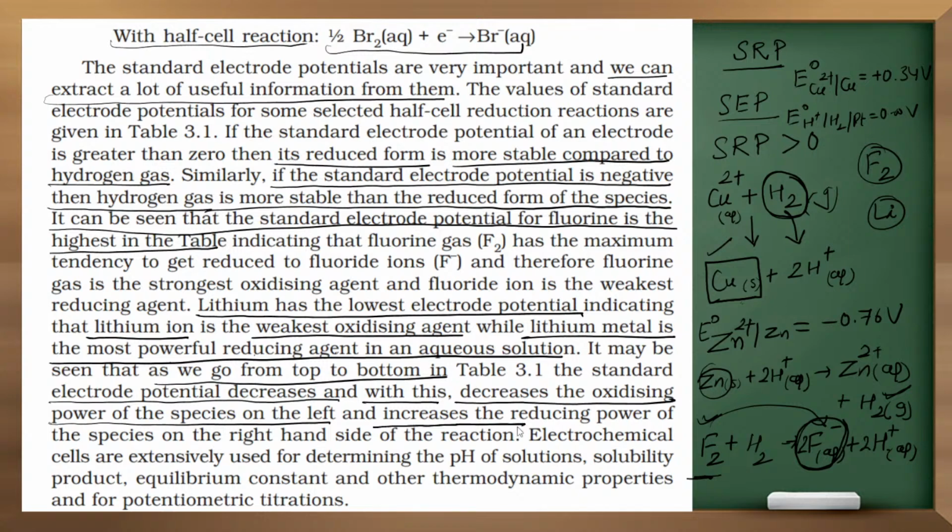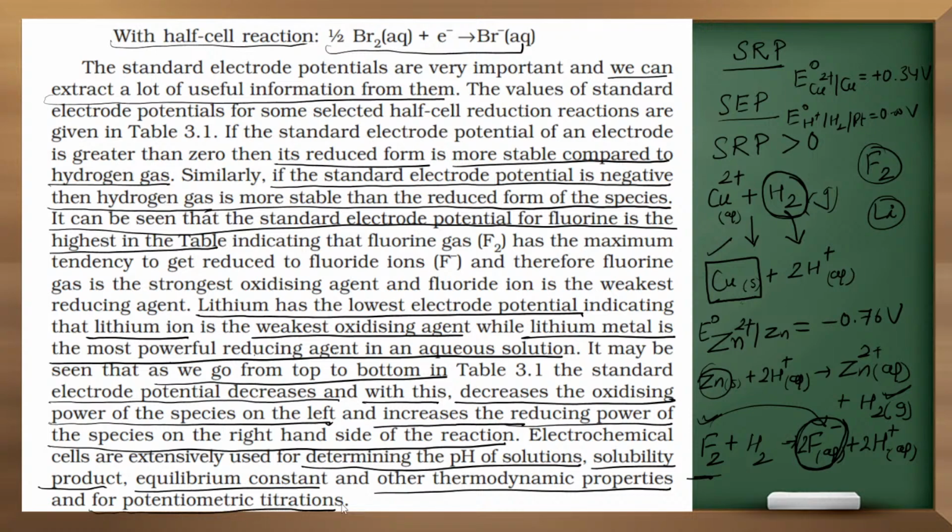And on the right, the reducing power of the species on the right hand side of the reaction increases. So electrochemical cells are extensively used for determining the pH of solutions, solubility product, equilibrium constant, and other thermodynamic properties, and even for potentiometric titrations.